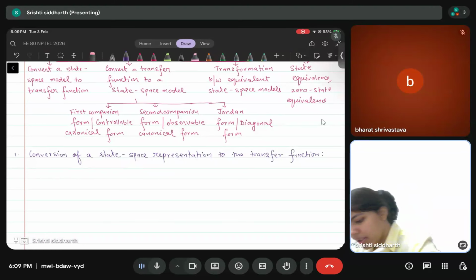We say that the state space is given by x dot equals Ax plus Bu and y equals Cx plus Du.